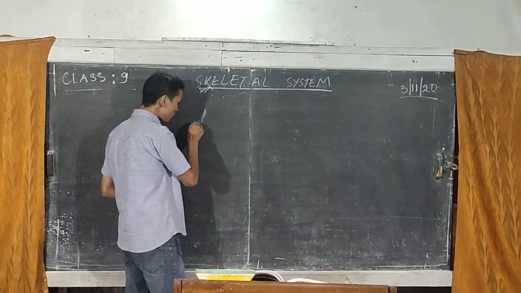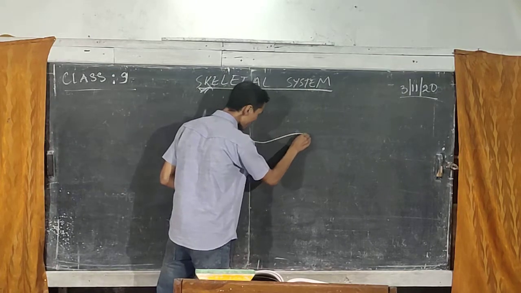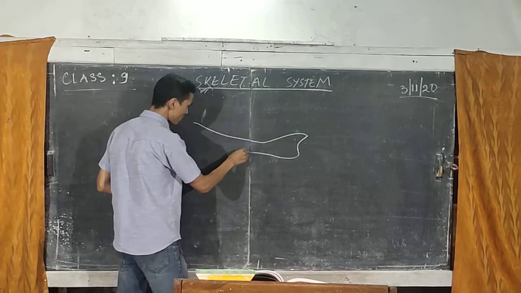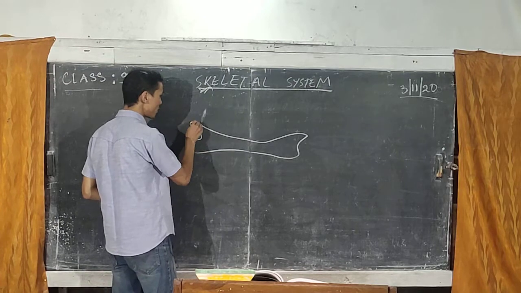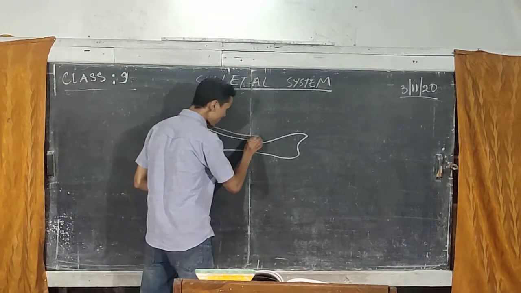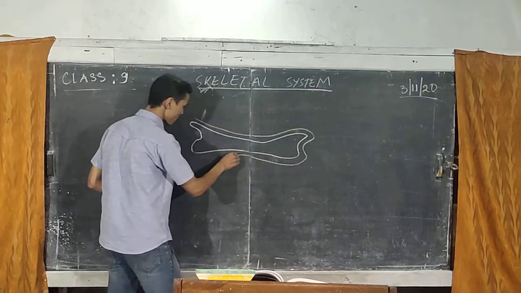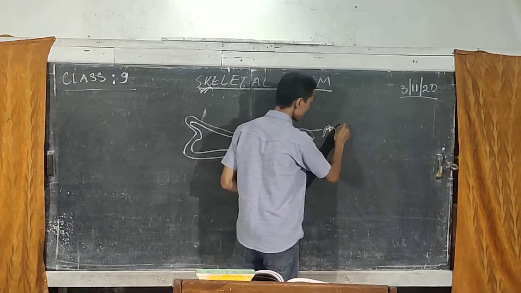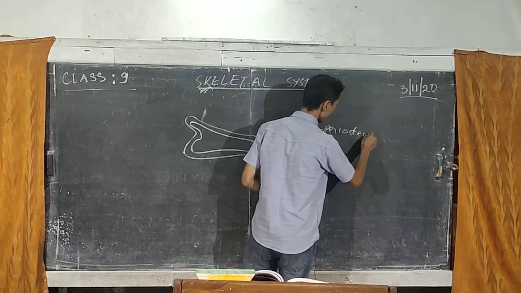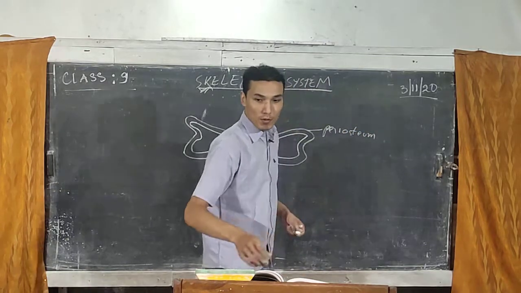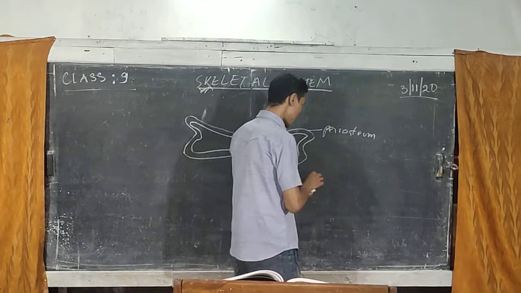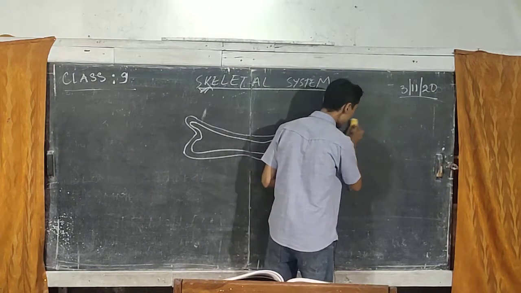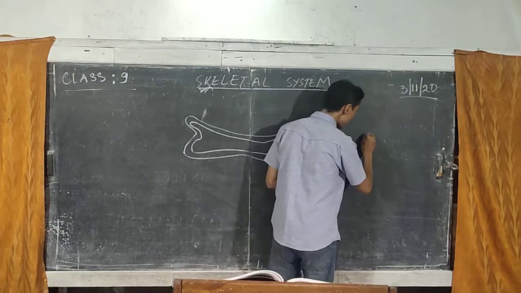When we talk about the structure of a bone, let's take into account a long bone. This entire bone is covered with periosteum. Now your bones are made up of cells called osteocytes.